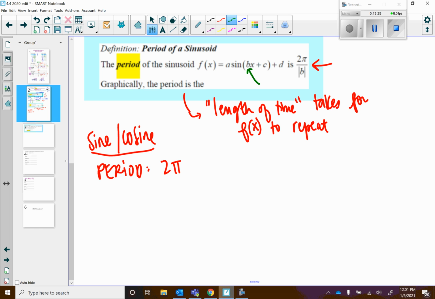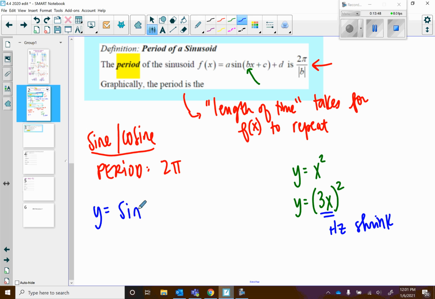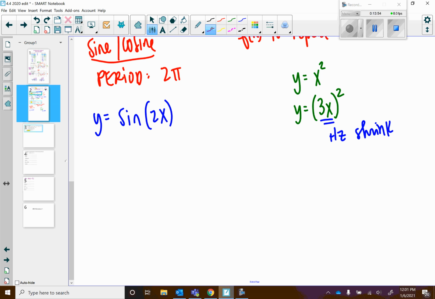Remember, if this was our original function and I said y is equal to (3x) squared, you would think to yourself, the 3 is touching the x, it is a horizontal change, and specifically, it's the opposite of what we'd expect, a horizontal shrink. Same thing here. If we have y is equal to sine of 2x, this is going to change the period by shrinking it.